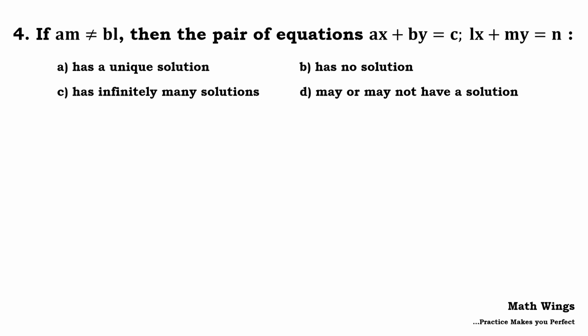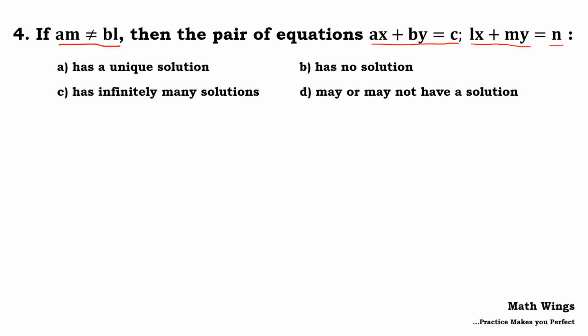So here we are given AM is not equal to BL, then the pair of equations AX + BY = C, LX + MY = N will have how many solutions? Don't get confused just because we have different letters over here.